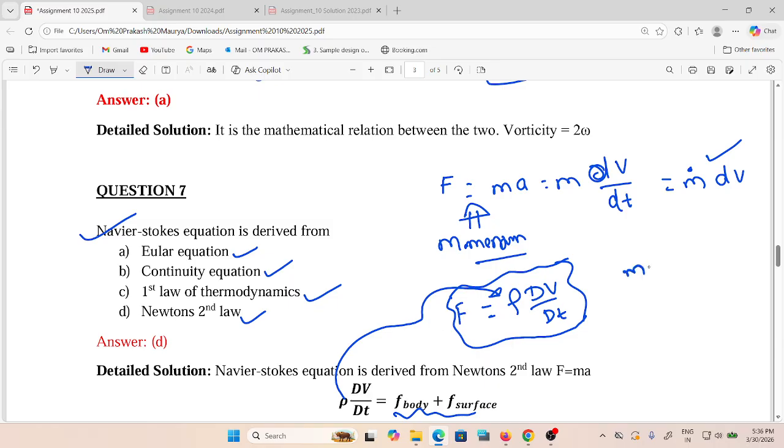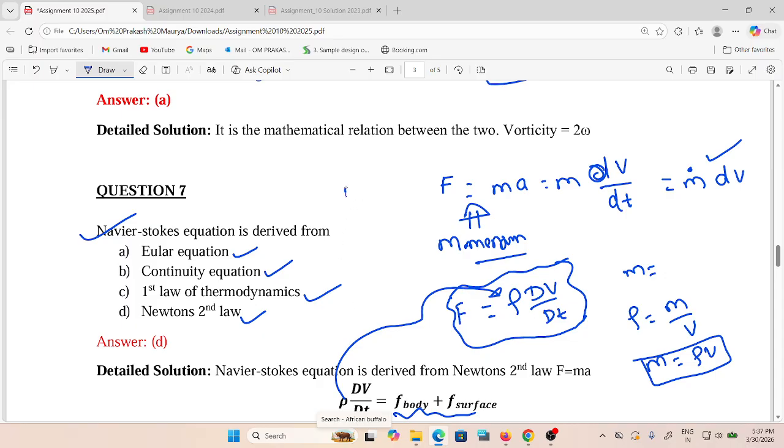What is mass? Density is equal to mass by volume, so mass is density into volume. For unit volume you can write this. Once you solve it, you will understand what dv by dt is.